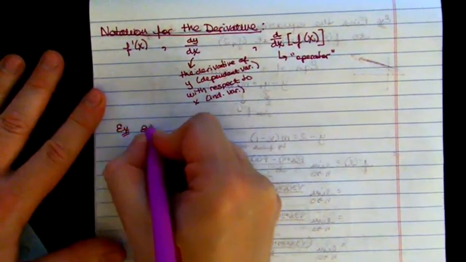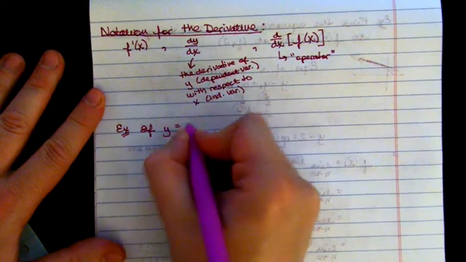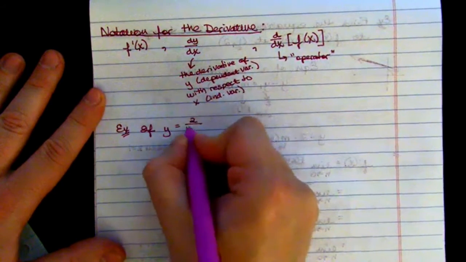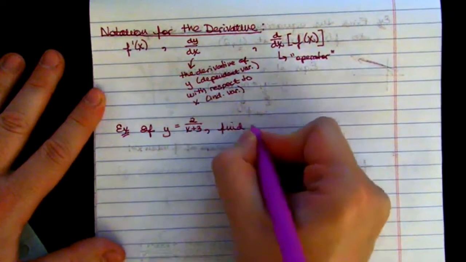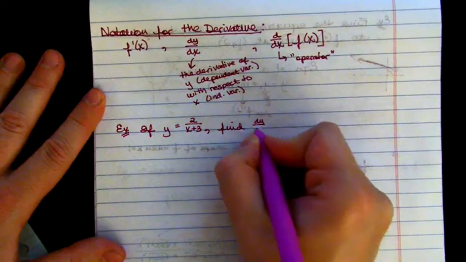One final example. If y equals 2 over x plus 3, I want to find dy dx.